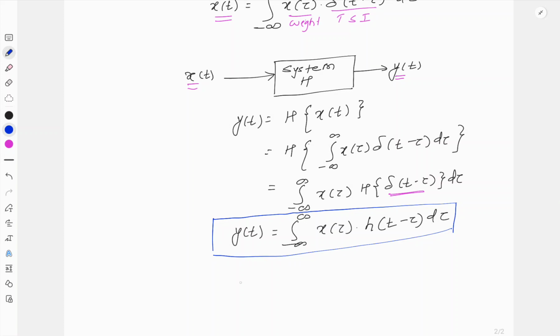So if you represent it in a more appropriate way, y of t is obtained from the input signal x of t by convolving it with the impulse response. This asterisk symbol represents the convolution. So if we convolve the input signal with the impulse response, we get the desired output. This is the representation of the convolution integral.